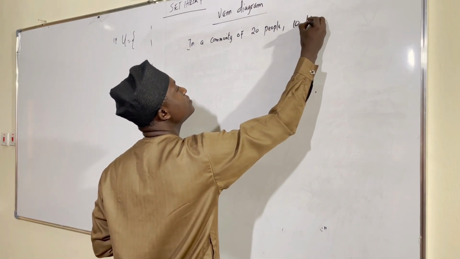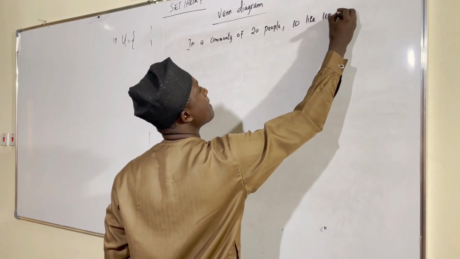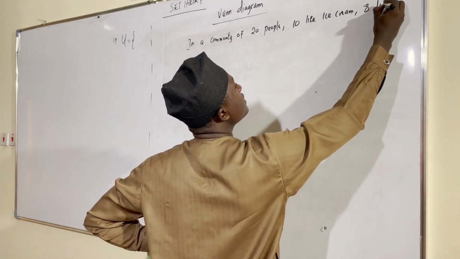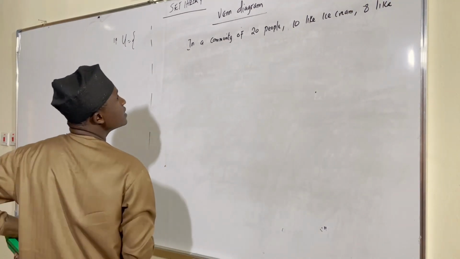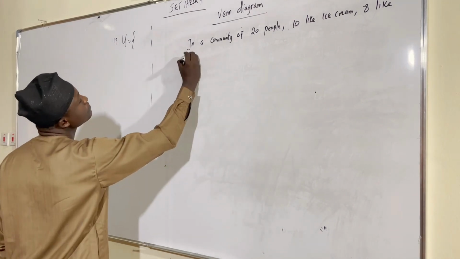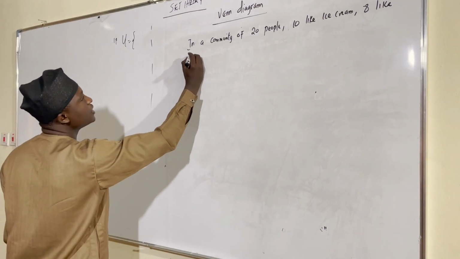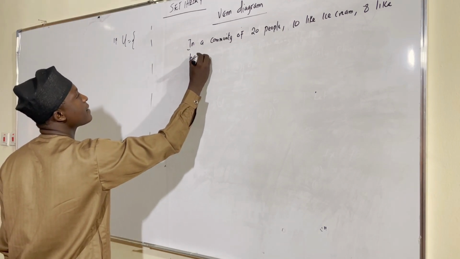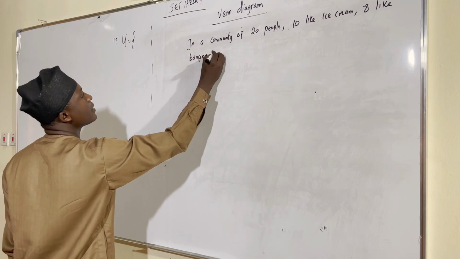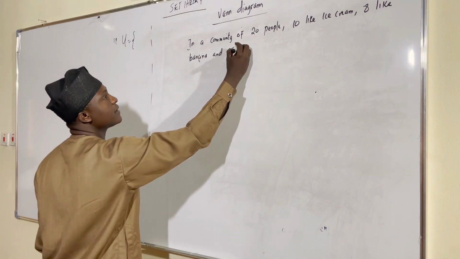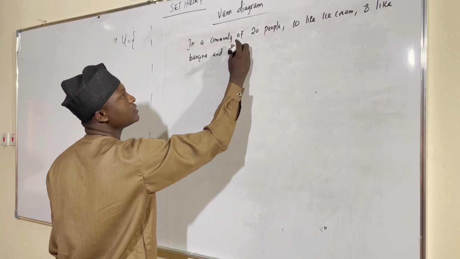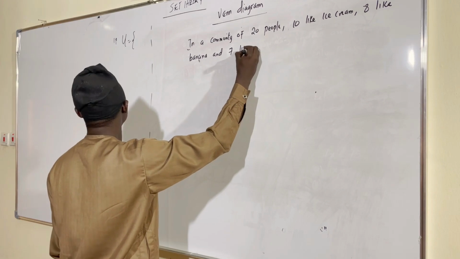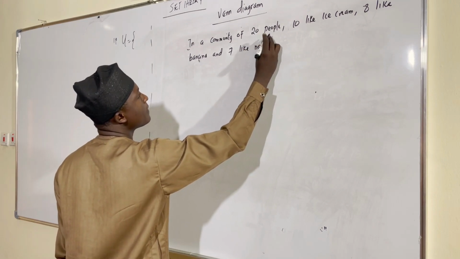10 like ice cream, 8 like banana, and 7 like none of the two.